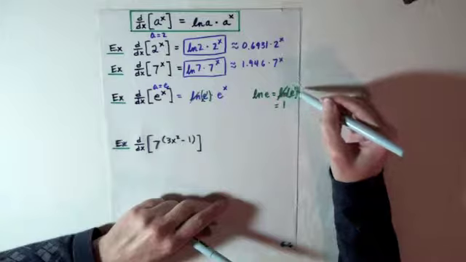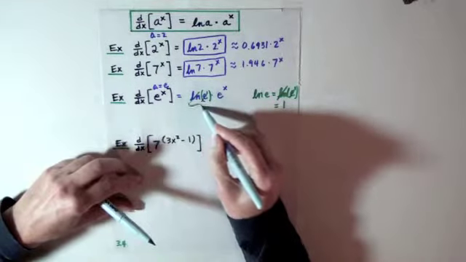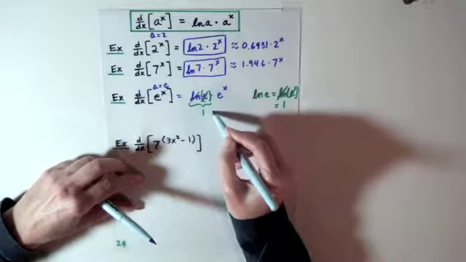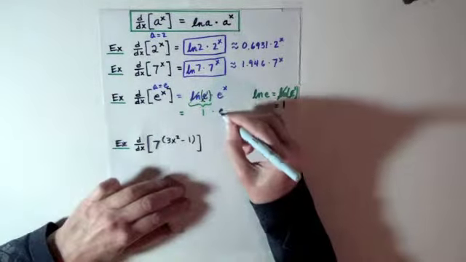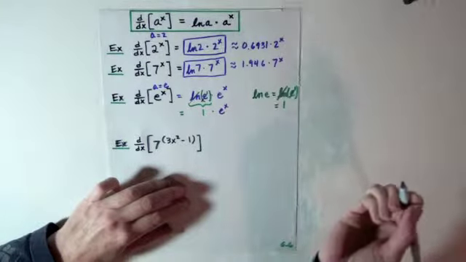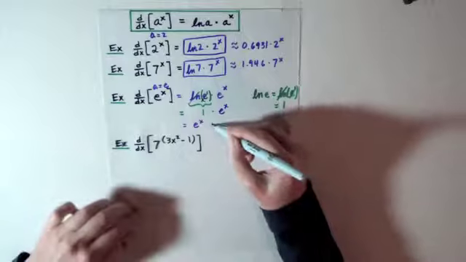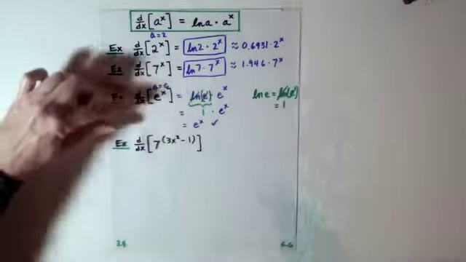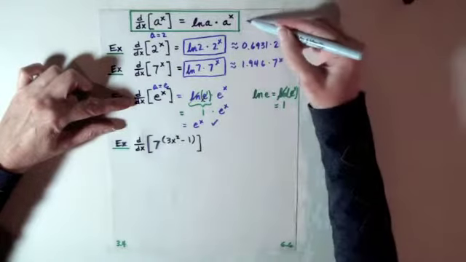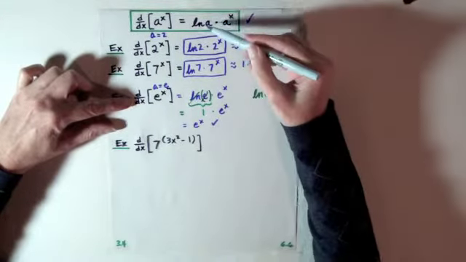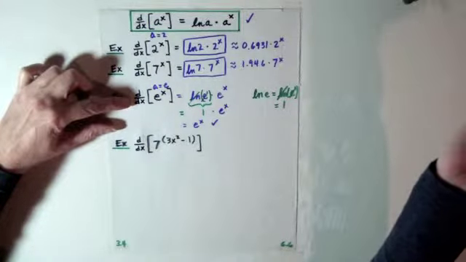So I get 1 times e to the x, but of course 1 times e to the x is just e to the x. So we do get the answer we expect: the derivative of e to the x is e to the x, using this more general property. So this property works for every base, including the base e.